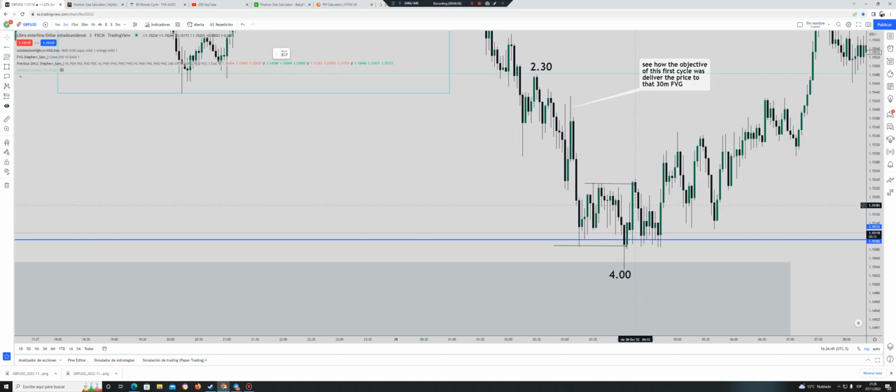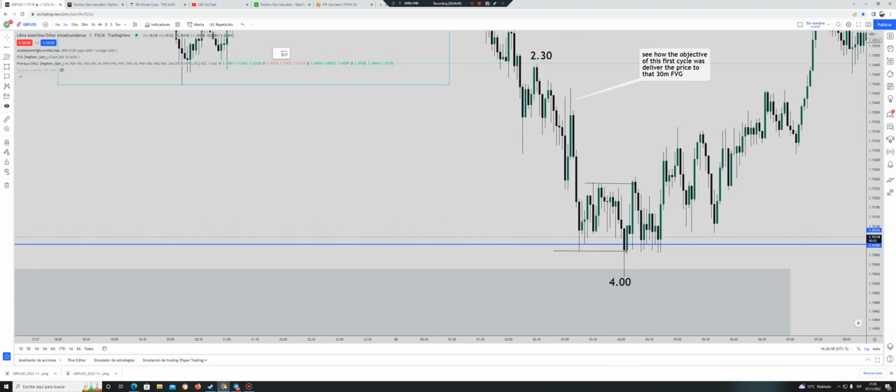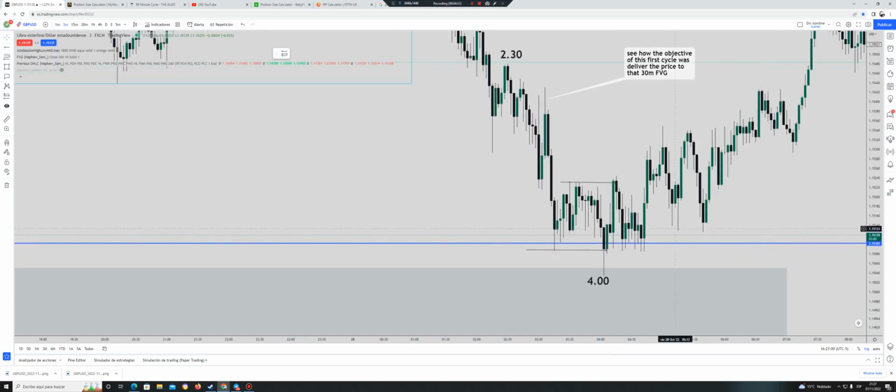We wait 30 minutes, we can see price sweeping this low, coming to the fair value gap, exactly at 4. You can buy here, that's not a problem. You can buy at 4, starting the first cycle, or you can just wait for the break in structure here, then the price comes back to the order block, to this other block that took that low, and then you can place a buy, let's say 2:40, 2:30, maybe somewhere here.